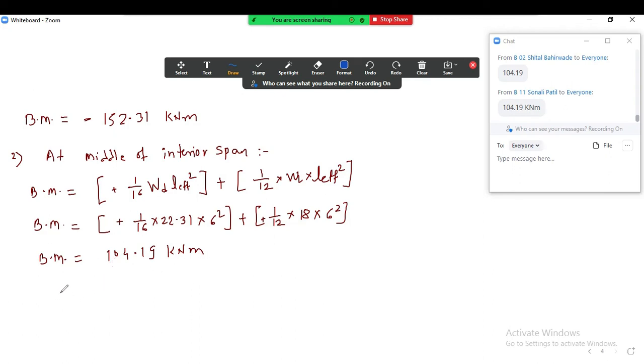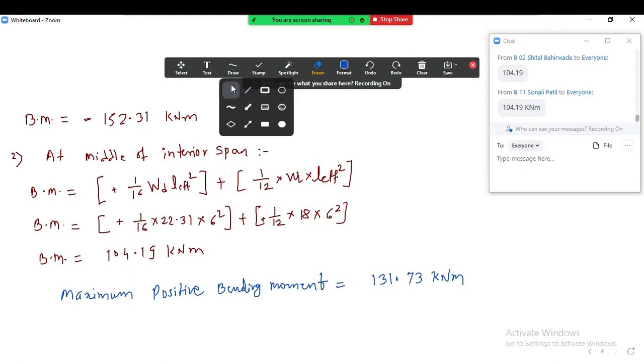So here I will write the maximum positive bending moment and maximum negative bending moment. The maximum positive, that is sagging, bending moment is 131.73 kilonewton meter. There is no need to write the plus, as we have already mentioned it is the maximum positive moment.